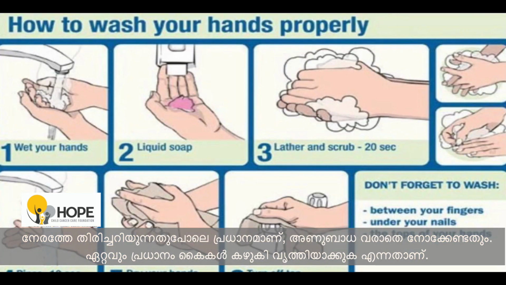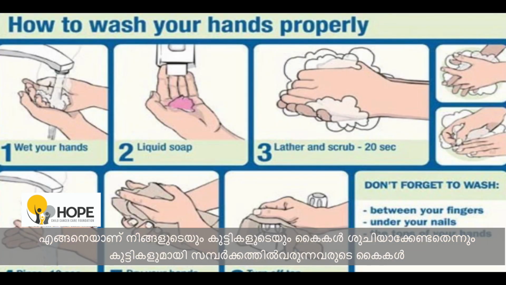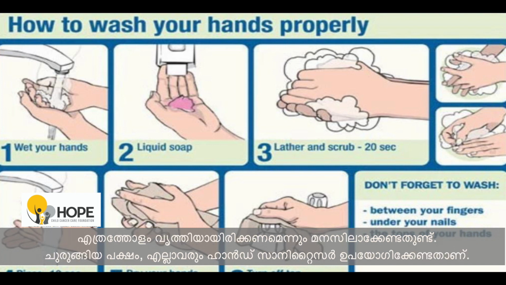In addition to recognizing infection early, you should know what precautions you can take to prevent infection. The most important is hand washing. You need to know how to effectively wash your hand and your child's hand, and any people who are looking after your child should wash their hands.